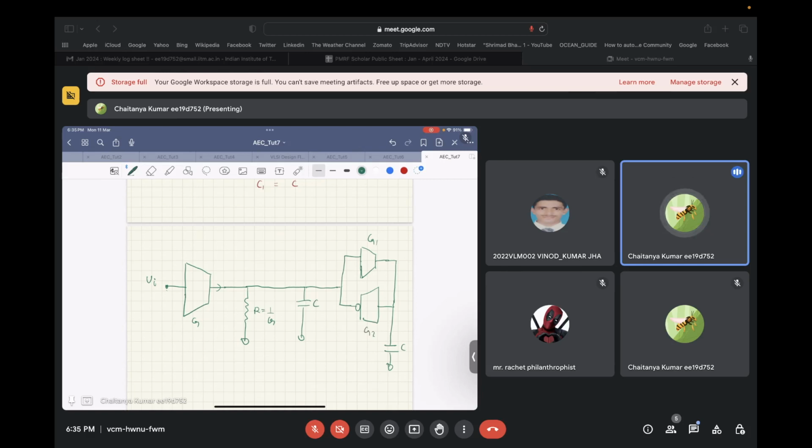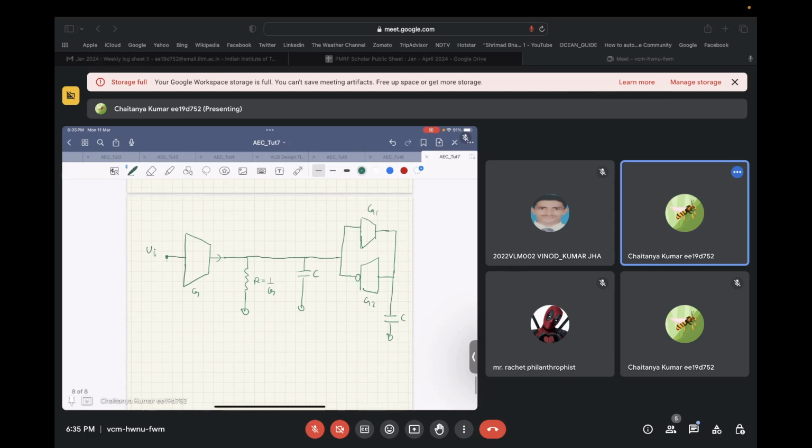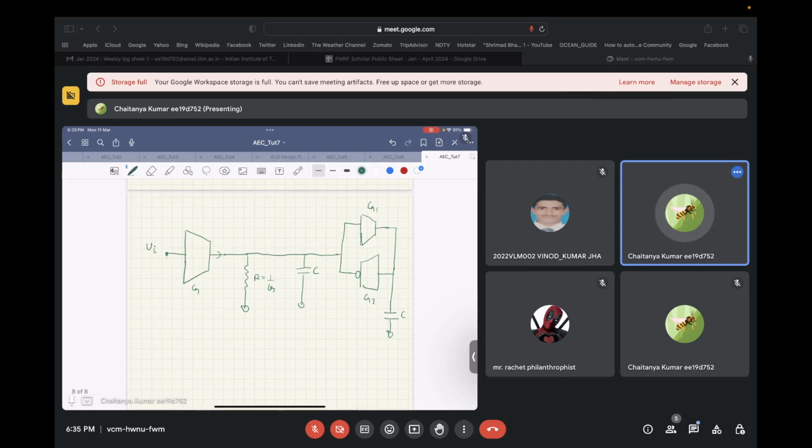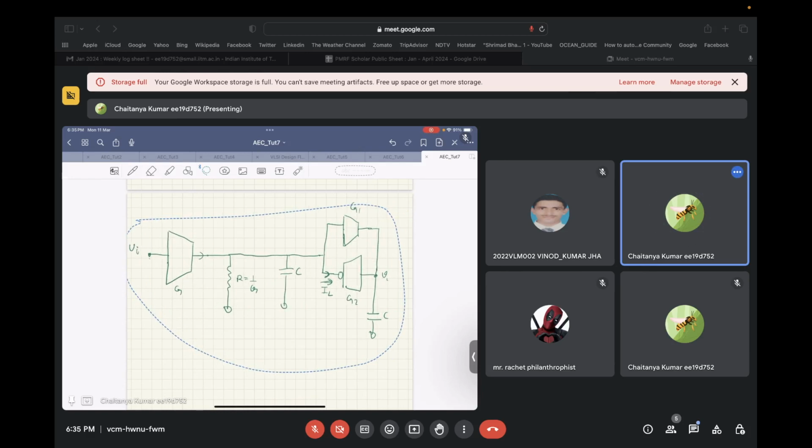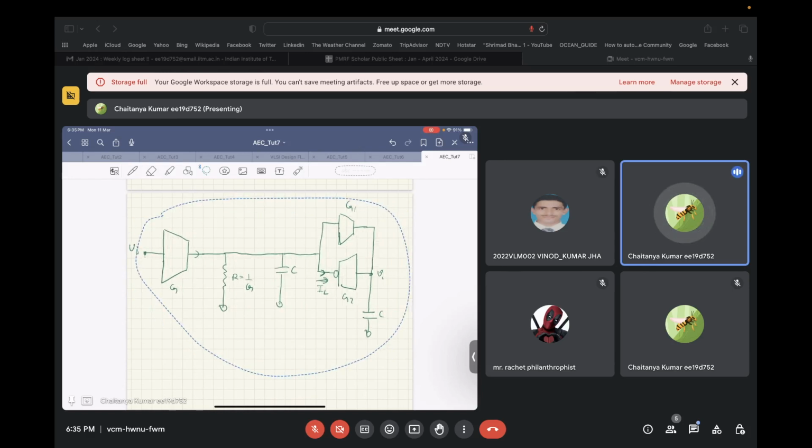G1, G2. Okay. So basically, this is the current that is going into the inductor, okay? If this is the current, let's say IL, what will be the voltage at this particular node?